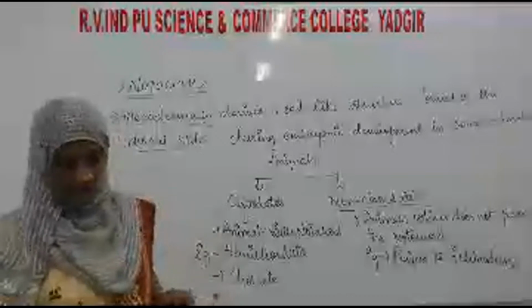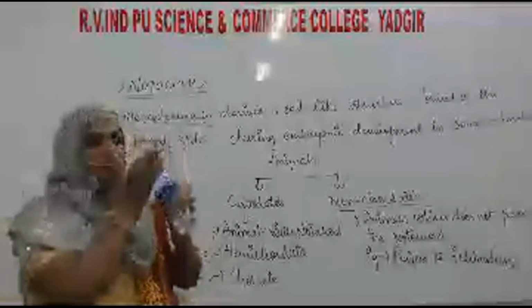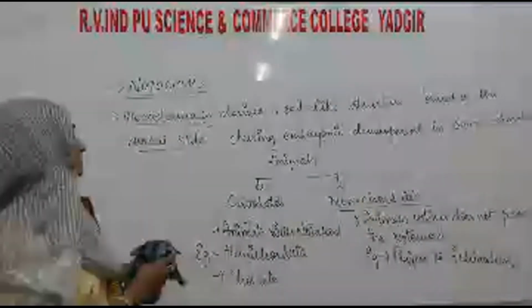So let's see about that flowchart. Here, first is kingdom.